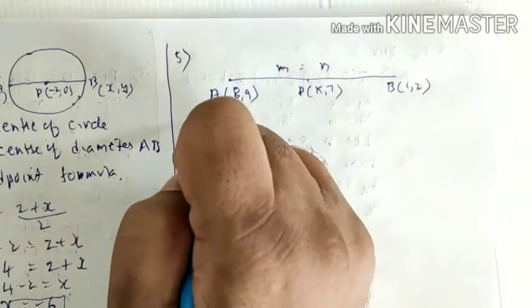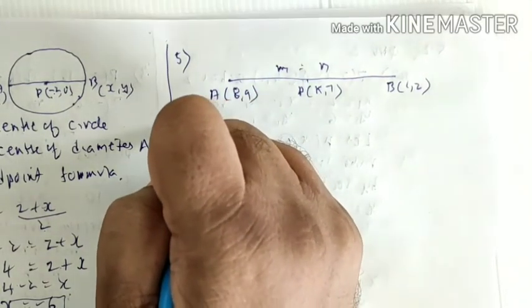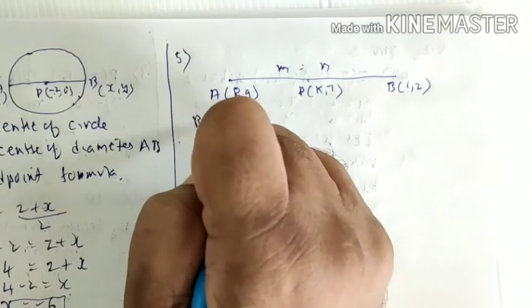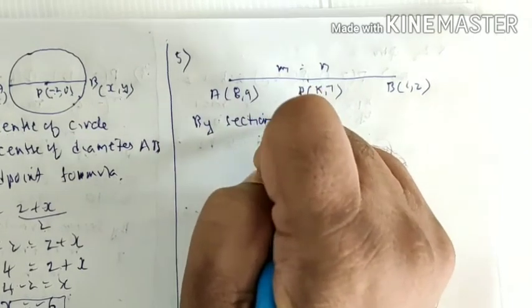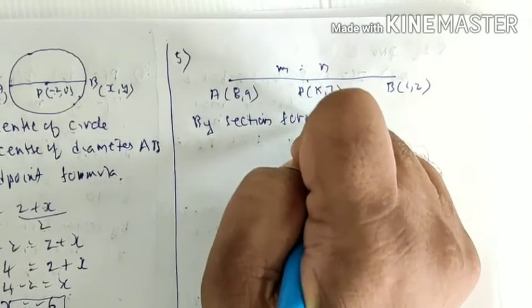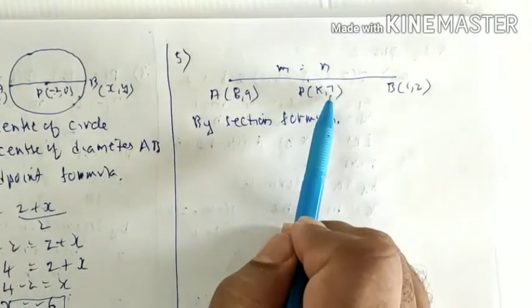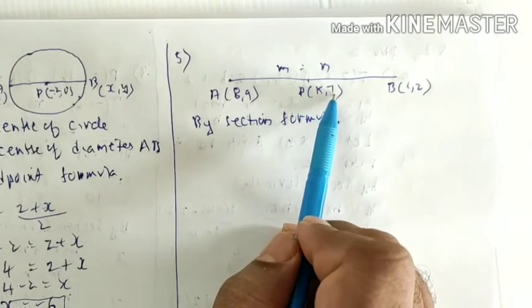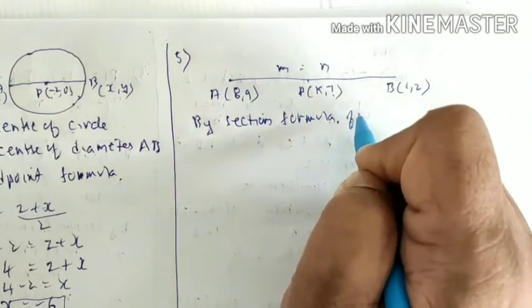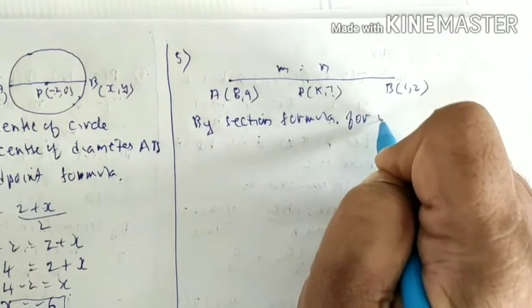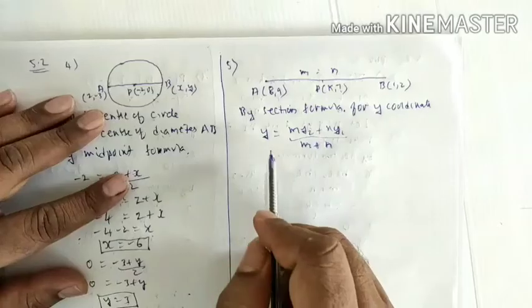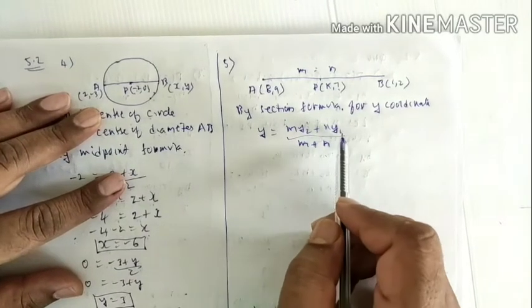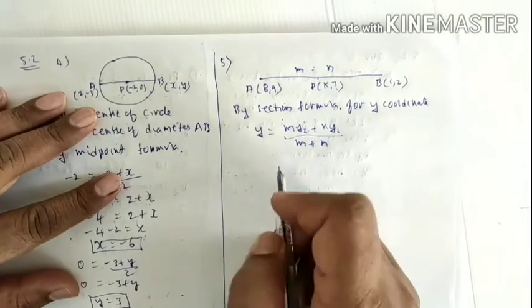Now here, by section formula, the value of the y coordinate is given. So we shall apply the section formula for the y coordinate. y is equal to (my2 plus ny1) upon (m plus n).